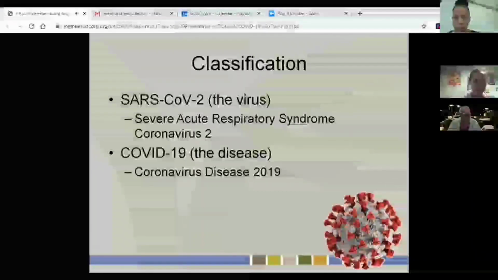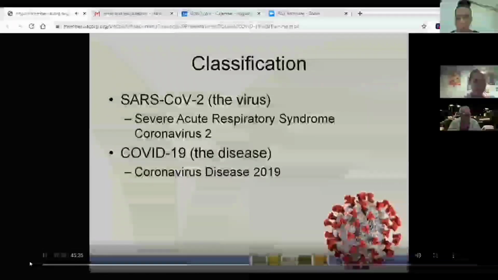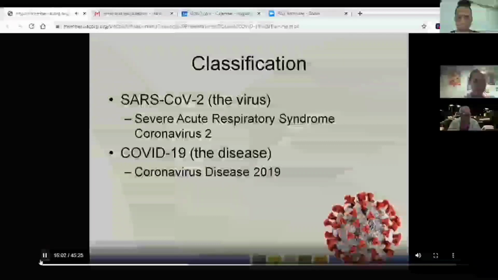The virus itself has been named the Severe Acute Respiratory Syndrome Coronavirus 2, which is why you sometimes hear SARS-CoV-2, and the disease has been called coronavirus disease of 2019, which is why that's often shortened to COVID-19.